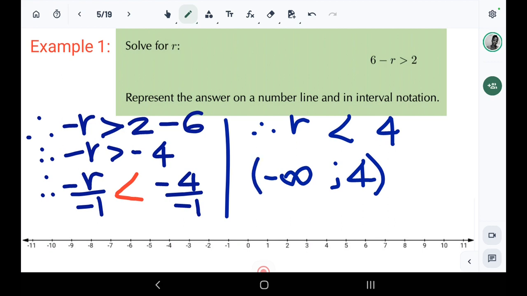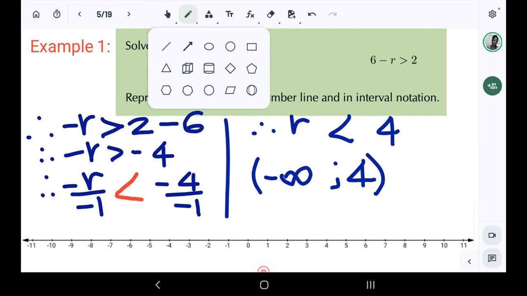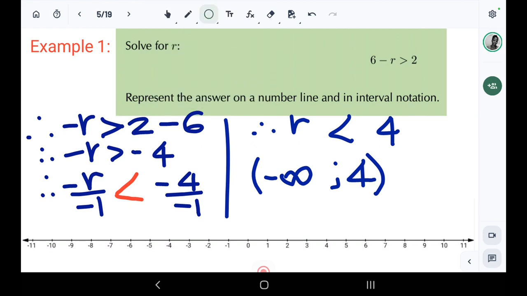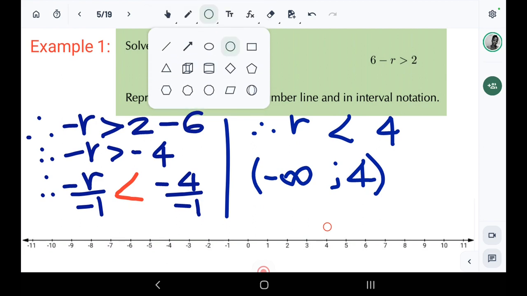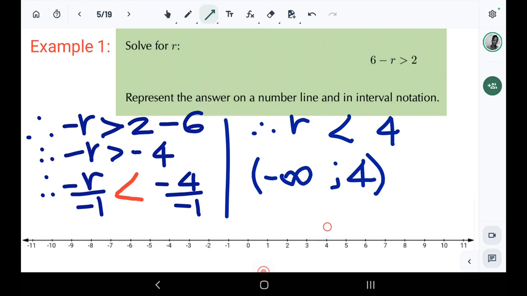How do we represent the same thing on a number line? You must have a hollow dot on top of 4, because 4 is the crux number. So we have that hollow dot on top of 4, and then an arrow pointing to the left because it goes towards negative infinity. And that is how you interpret that.